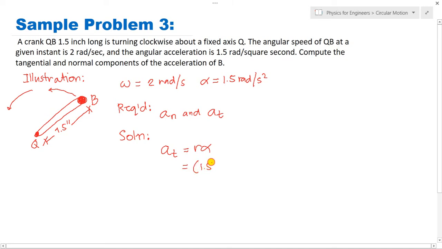We have 1.5 inches as your radius, and the angular acceleration is 1.5 radian per second squared. Therefore the value of our tangential acceleration is 1.5 times 1.5, which is equal to 2.25 inches per square second. So this is now our tangential acceleration.